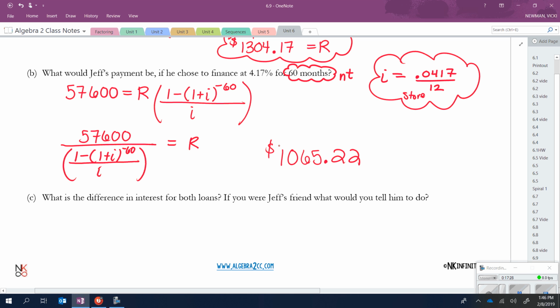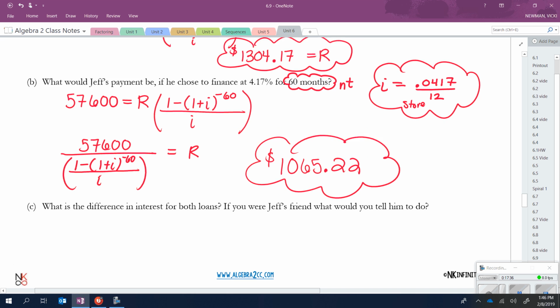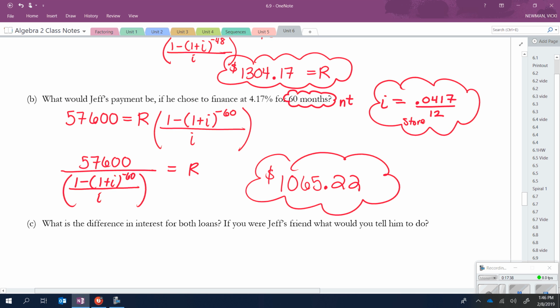Oh, your brain's decided that it was different than it was? Okay. So, he's going to pay less each month for a longer time, which means he's going to accumulate more interest, right? And he's financing at a slightly higher interest rate.